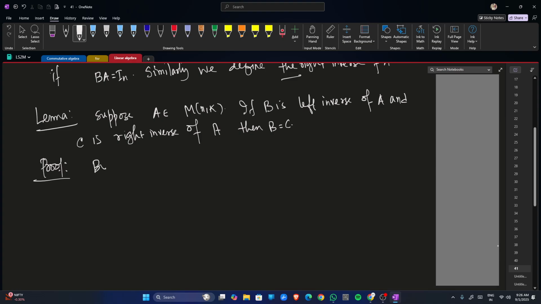By definition, B equal to I_n and AC equal to I_n.